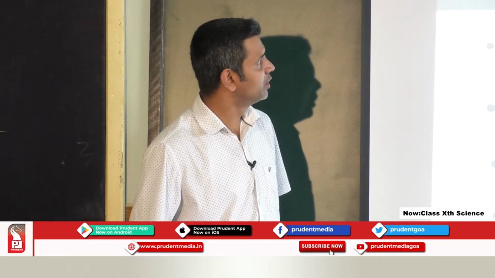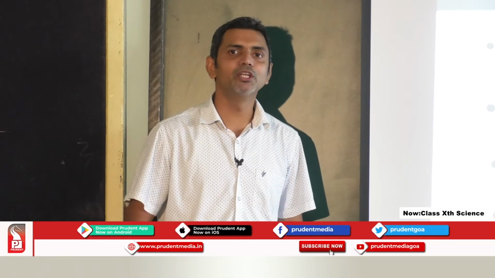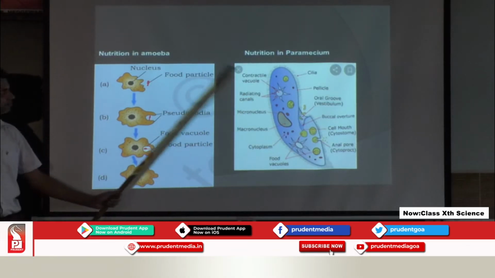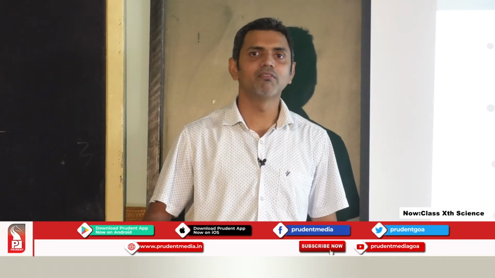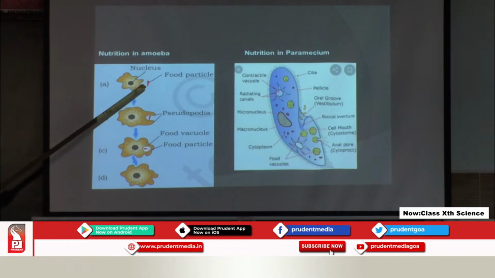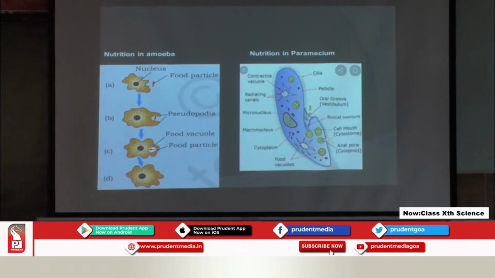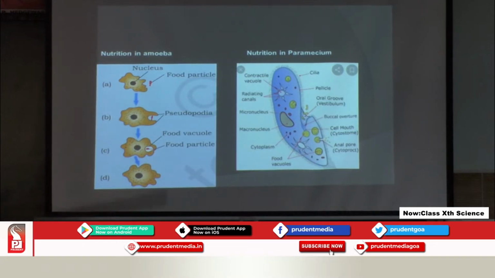Let us understand nutrition in amoeba and nutrition in paramecium. Both are unicellular organisms. Let us focus on amoeba first. Amoeba does not have a regular shape, it has an irregular shape, and we call these extensions of amoeba pseudopodia, as we can see here.